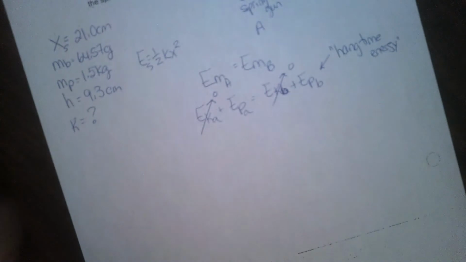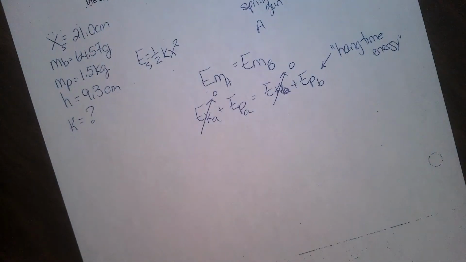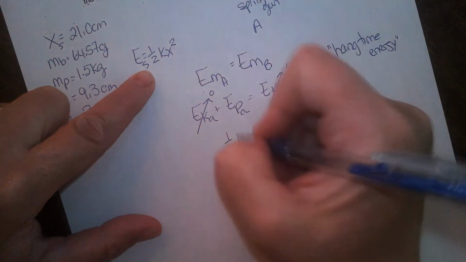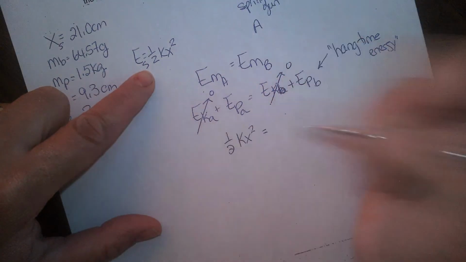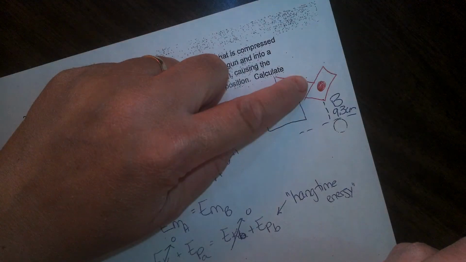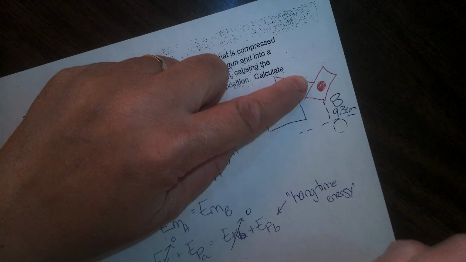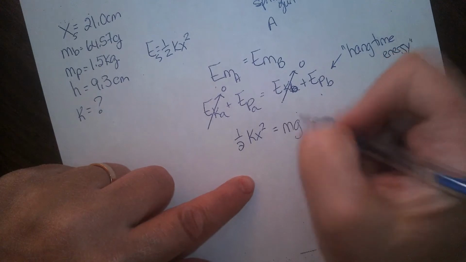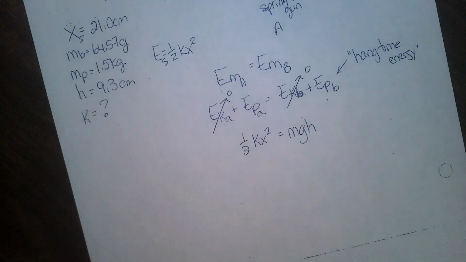All right, how do we solve for the potential energy of that spring? Well, Avery already told us it's 1/2 kx squared. And how do we solve for the potential energy of the pendulum and the ball together at a height of 9.3 centimeters? MGH. Pardon me?